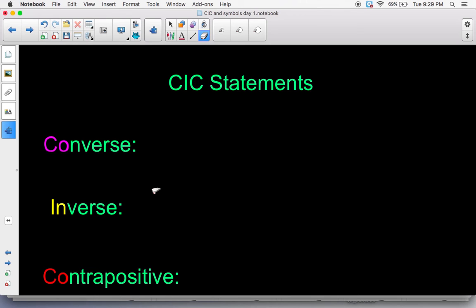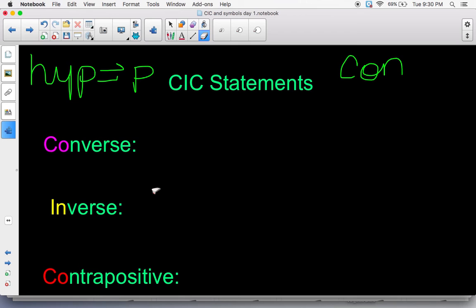Now, in a normal conditional statement, the hypothesis is usually represented by a P, and the conclusion is usually represented by a Q. So when it says converse, it means that the conclusion is going to be the hypothesis, and the hypothesis is going to be the conclusion.